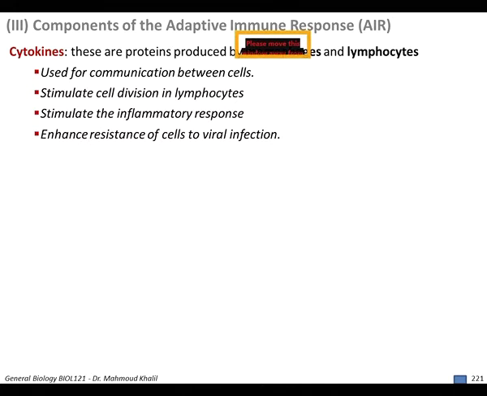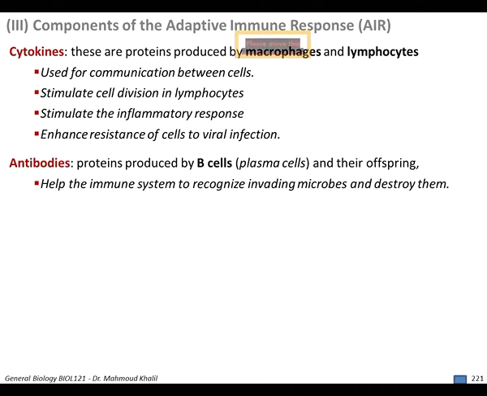They have several functions. In summary, they are used for communication between cells. They stimulate cell division in lymphocytes, of course, because you need more lymphocytes. They stimulate an inflammatory response, adding to the inflammation occurring in the innate immunity. And they enhance the resistance of the cell to viral infection.